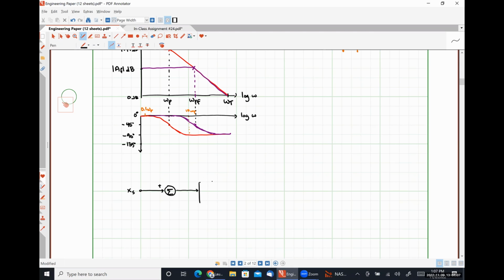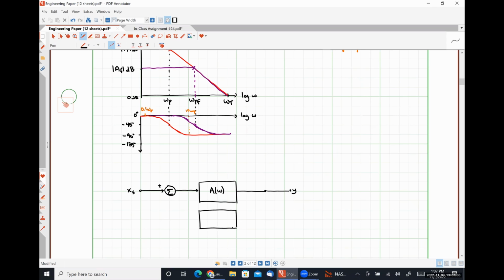Here is our actual amplifier stage, A as a function of omega. Over here, where we're going to take our output, Y. And then when we have a feedback network in place, which can also be frequency dependent.